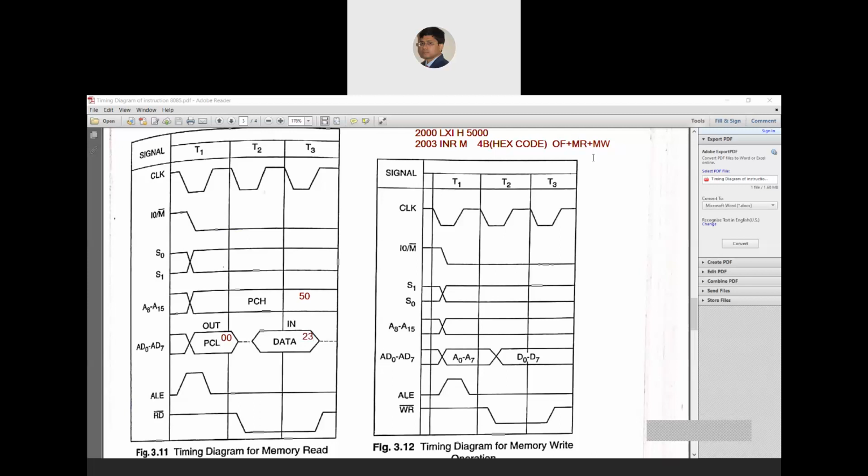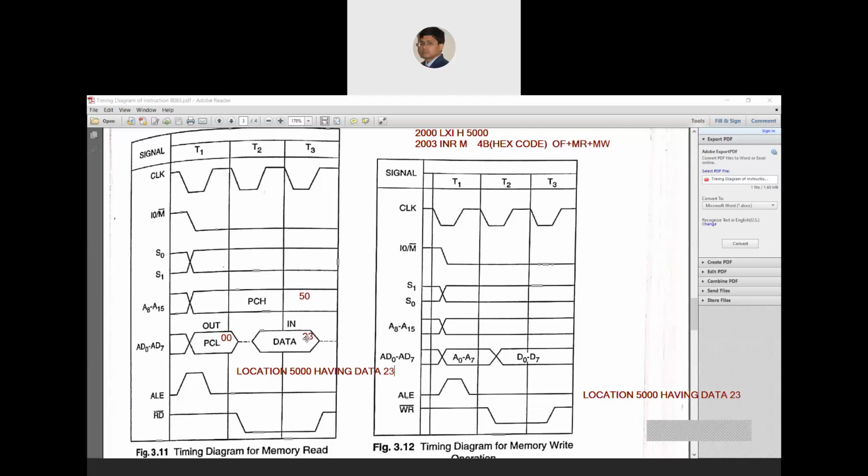So I am writing that here: location 5000 having data 23. So that data will come here. So the 5000 data is here.